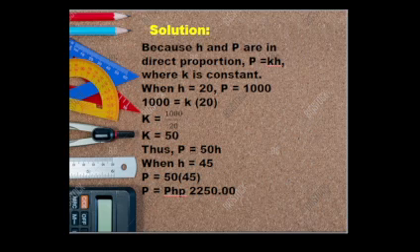So if a worker works 45 hours, he or she will receive 2,250 as the paycheck. So those are the situations or examples about direct variation.